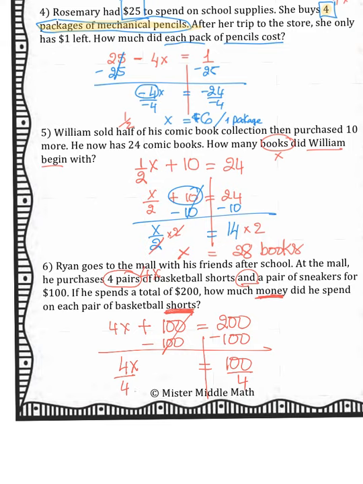So 4 divided by 4, you are left with x equal to, what is 100 divided by 4? $25 for each pair of shorts. So it's a reasonable price.